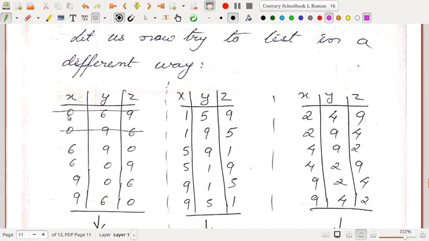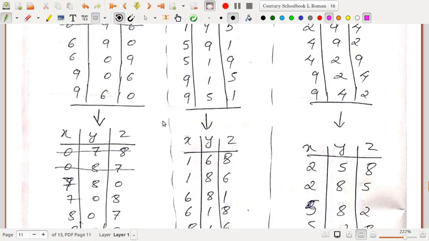We start with 0 here. If it is 0, then the second one cannot be 5, it has to be 6. So 0, 6, 9, and then you take all the arrangements of this. The first two are cancelled because the first digit cannot be 0. So we get 4 numbers here. Then you go to this part.